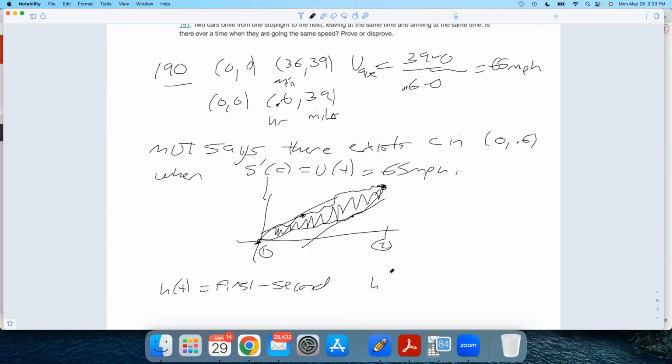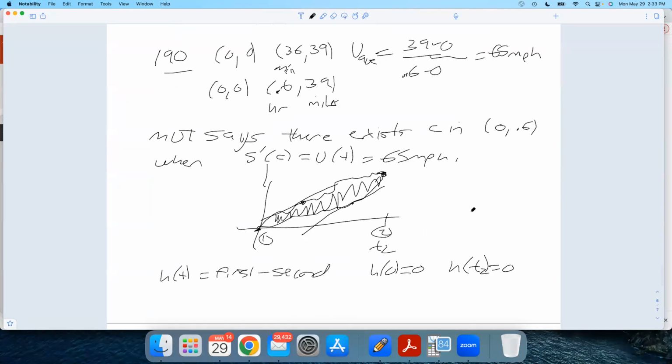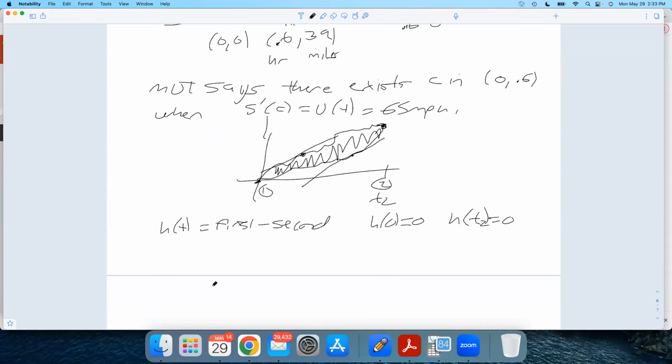Well, I know h of 0 is 0. And I know h at time number 2, let's call this t2, is also 0. They start at the same spot, they end at the same spot. The difference in their positions is 0 at the initial time and the final time. So this is Rolle's theorem.